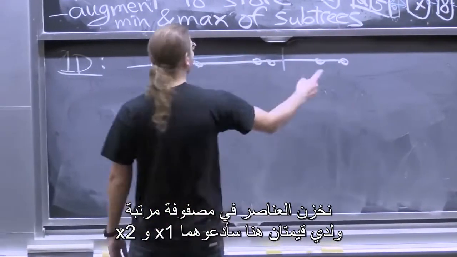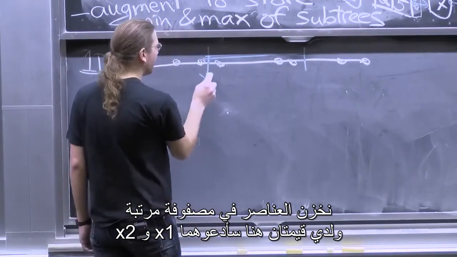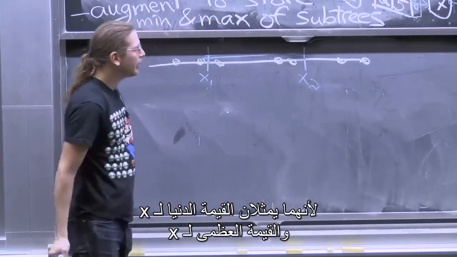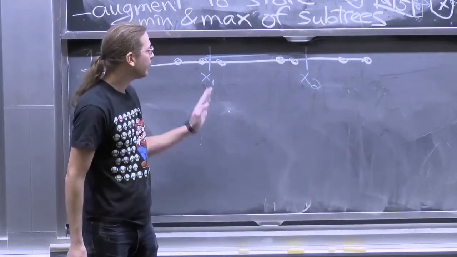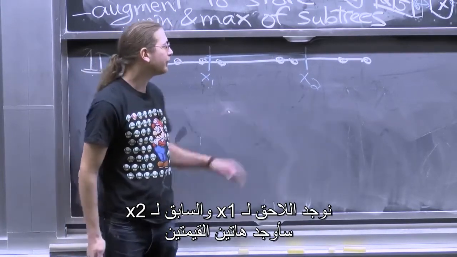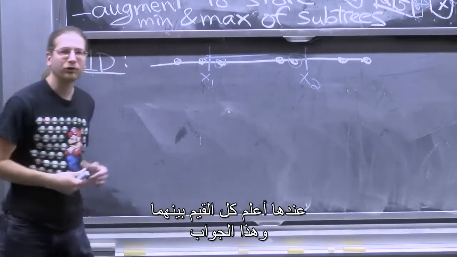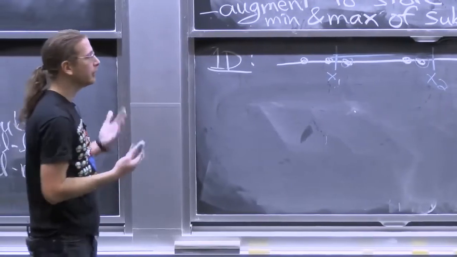If I store the items in a sorted array, and I have two values here, I'll call them x1 and x2, because it's the x min and the x max. Binary search for x1, binary search for x2, find the successor of x1 and the predecessor of x2. I'll find these two guys. And then I know all the ones in between. So that'll take log n time to find those points. And then we're good.